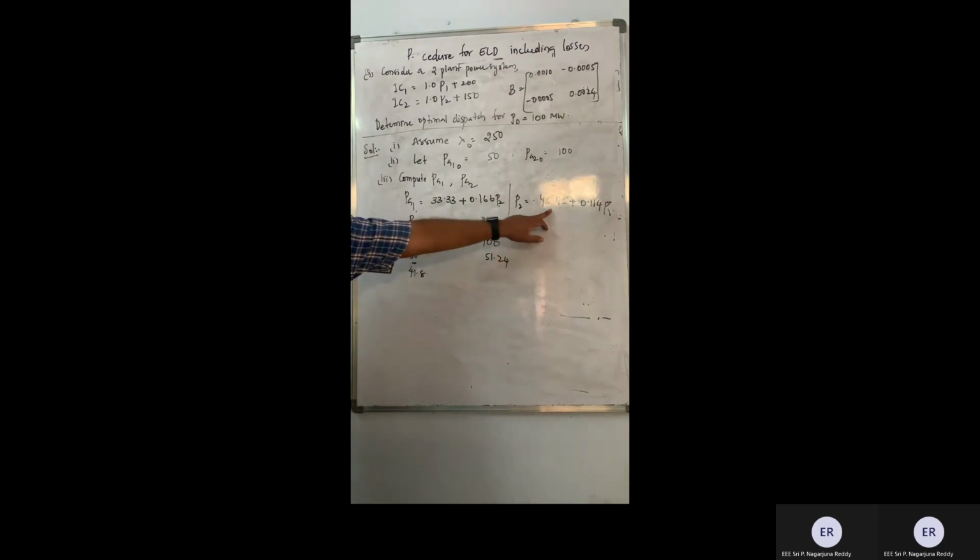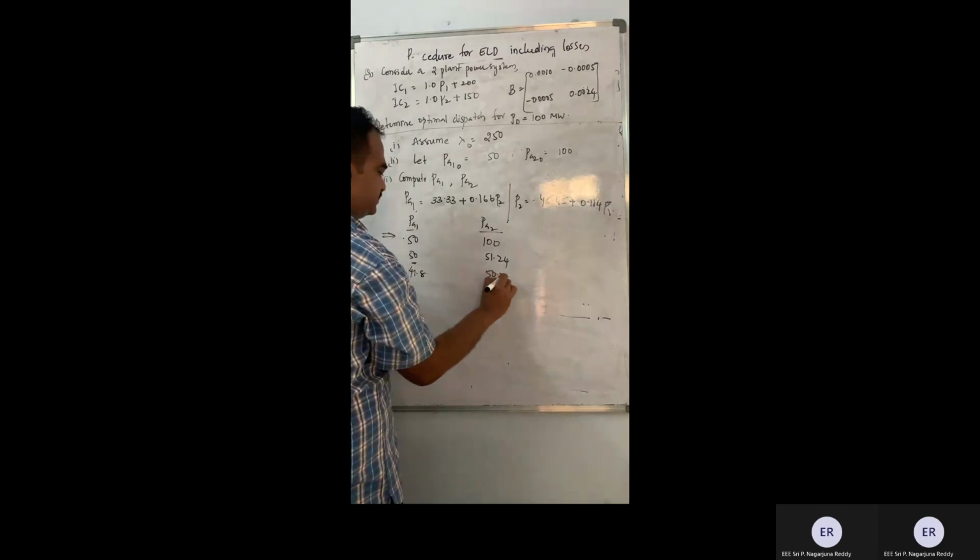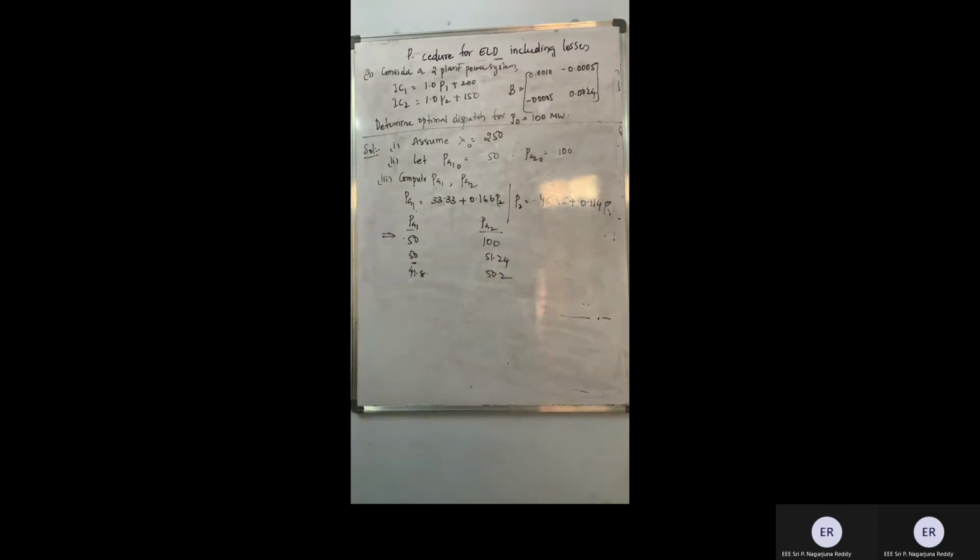Again, 41.8 is to be substituted here. So its value is 50.2. Again, this value is to be substituted again in P1.